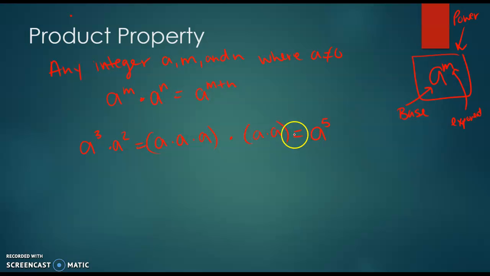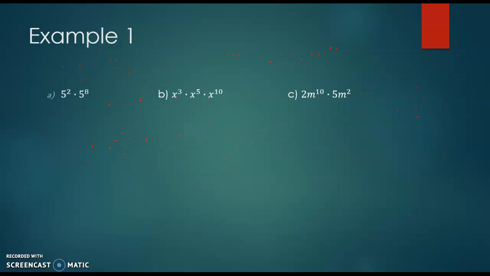And instead of having to do that each time, because it's a pattern and this pattern happens every time, I could say that this is a to the 3 plus 2, which is a to the 5th. So that's why when we have same base, in this case the a's, being multiplied together, we can add their exponents. You have to keep in mind same base. We've got to have like bases, so kind of keep in thought the like term.